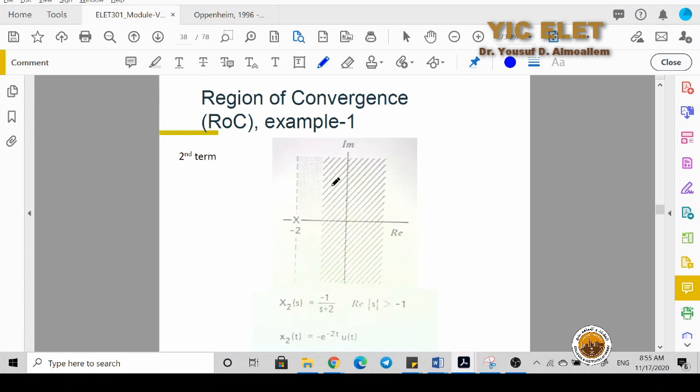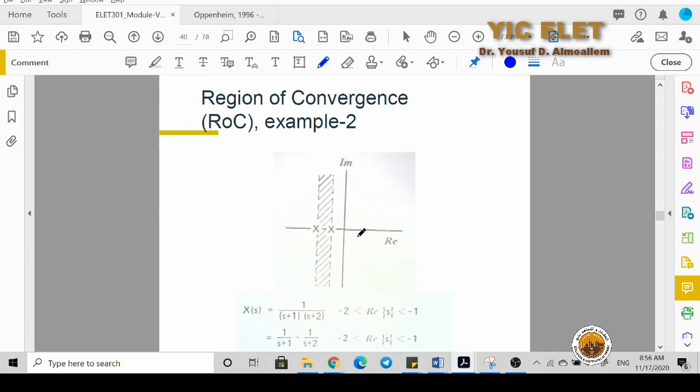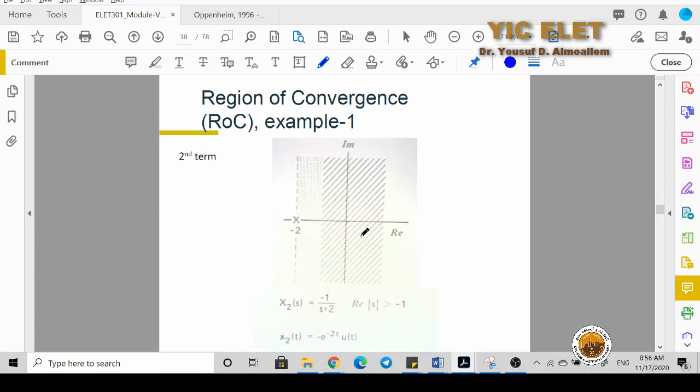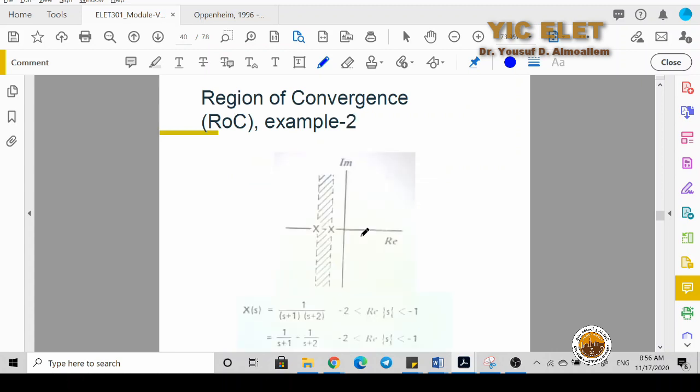And if you compare each component, there is a different area of region of convergence, but you have to take both of them and then consider the region where they intersect, and you will get only this region which is converging.